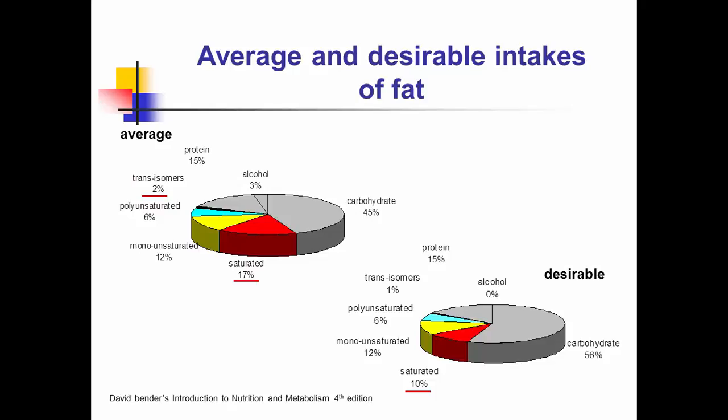If you compare to the desirable, we should reduce the saturated fat from 17 to 10%, and maybe also reduce the trans fat from 2 to 1%, right? So again, we consume a little too much saturated fat.